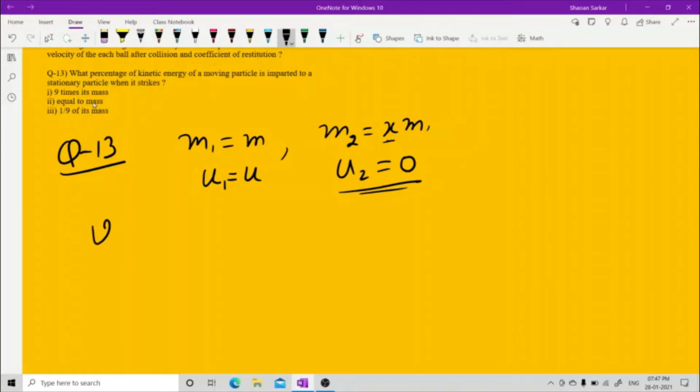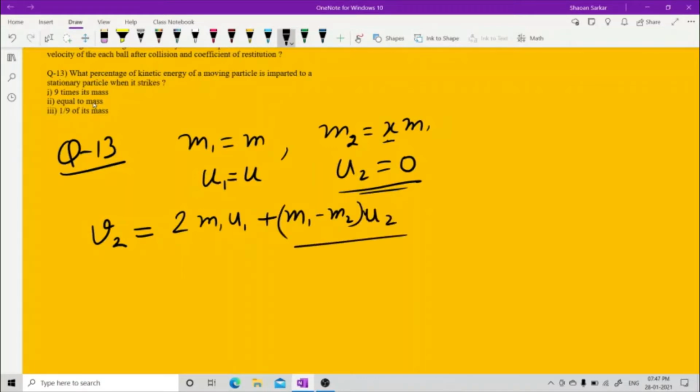The expression of v2, we know from our earlier discussion, is 2m1 u1 plus (m2 minus m1) u2 upon m1 plus m2, for perfectly elastic collisions. Now it is saying how much kinetic energy has been transferred from this to that.